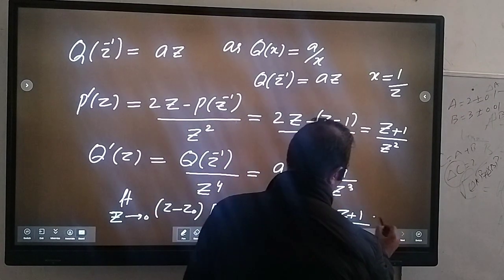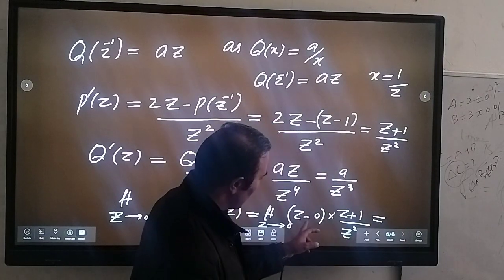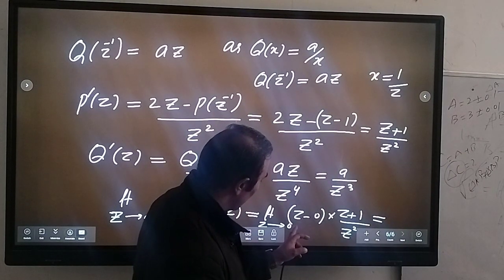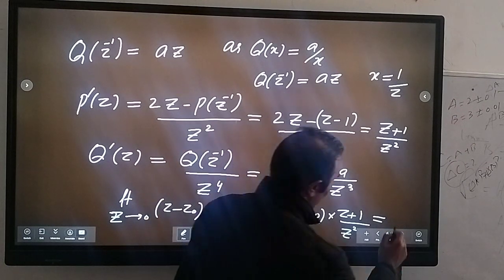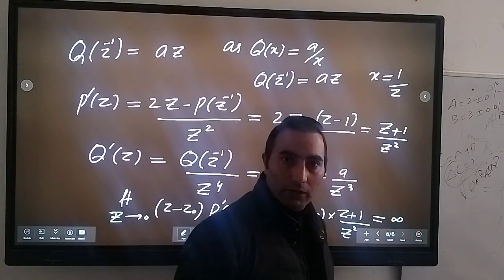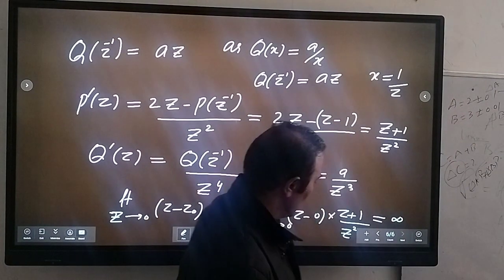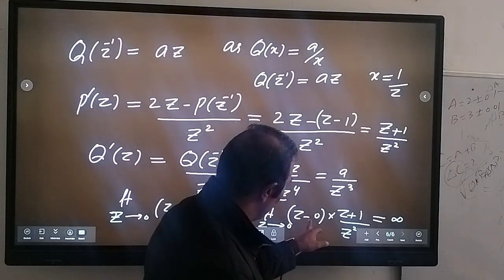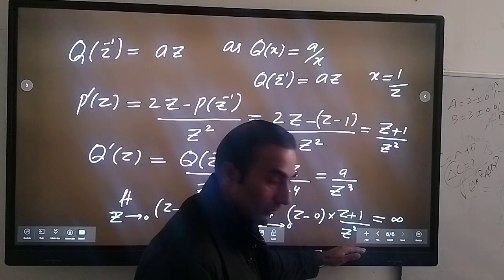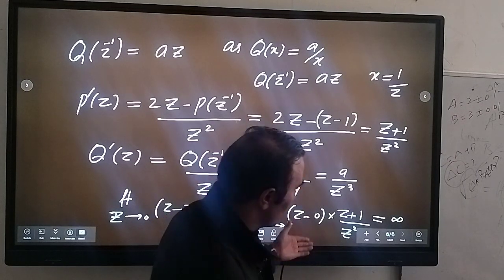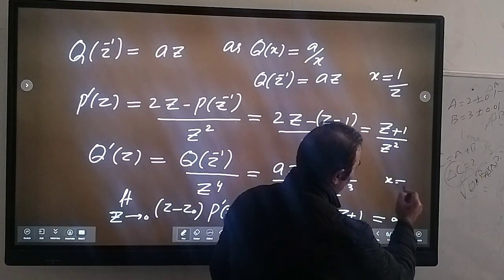Okay, so that's equal to, because one Z will cancel with this thing. So we can have, when Z tends to 0, so this will be infinite. Right? So one limit will be infinite. Because one Z will cancel with this, still we have one Z in the denominator. So because we are saying that Z tends to 0, because x is equal to 1 by Z.